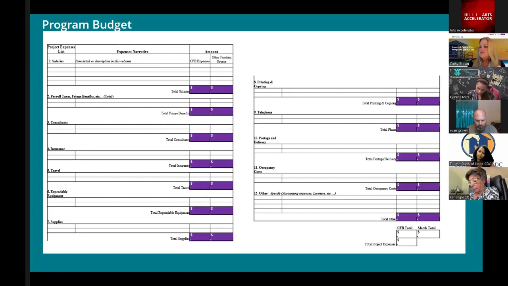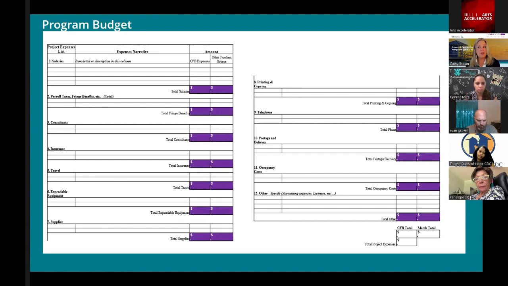All right. So this is the way that most organizations, most foundations that are looking for a program budget, this is the type of format you're going to see, right? Yeah, they vary a little, but this is basically what you want to do. So again, before you start filling out the application, you want to have a pretty solid idea of what this looks like, right?